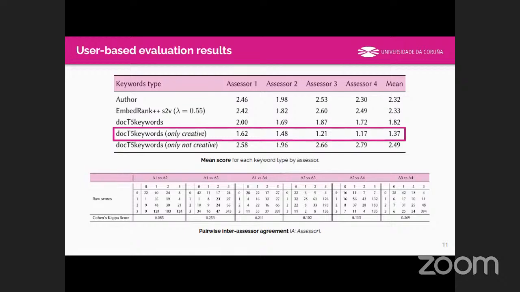We also performed the pairwise inter-assessor agreement study in order to compute the concordance rate between each pair of assessors. We can see here that the agreement is high enough, maybe if we ignore assessor 2, to say that our user-based evaluation results can be adequately considered.